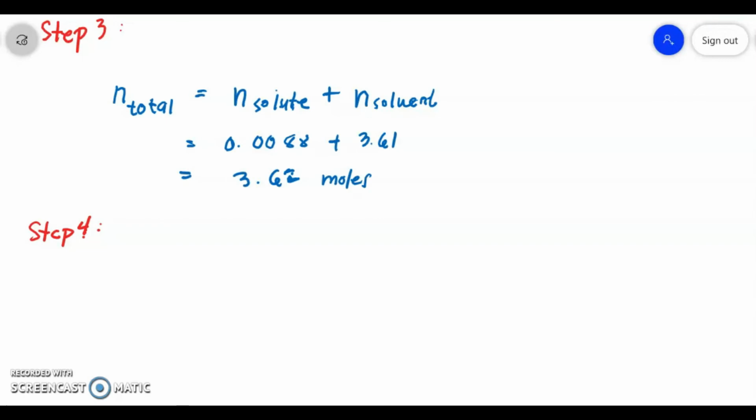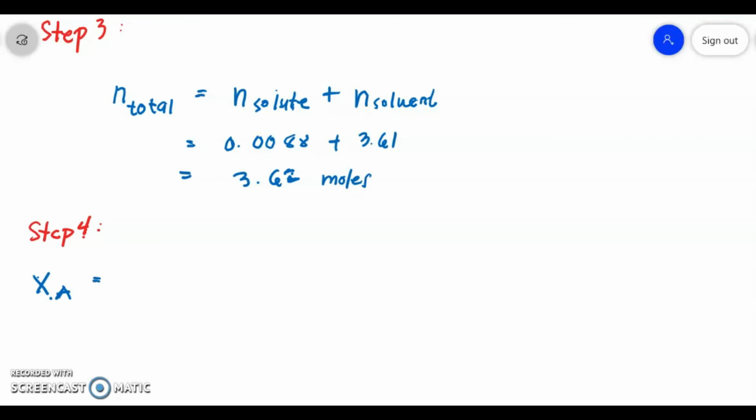For the mole fraction X sub A, we have the number of moles of solute divided by the number of moles of solution.